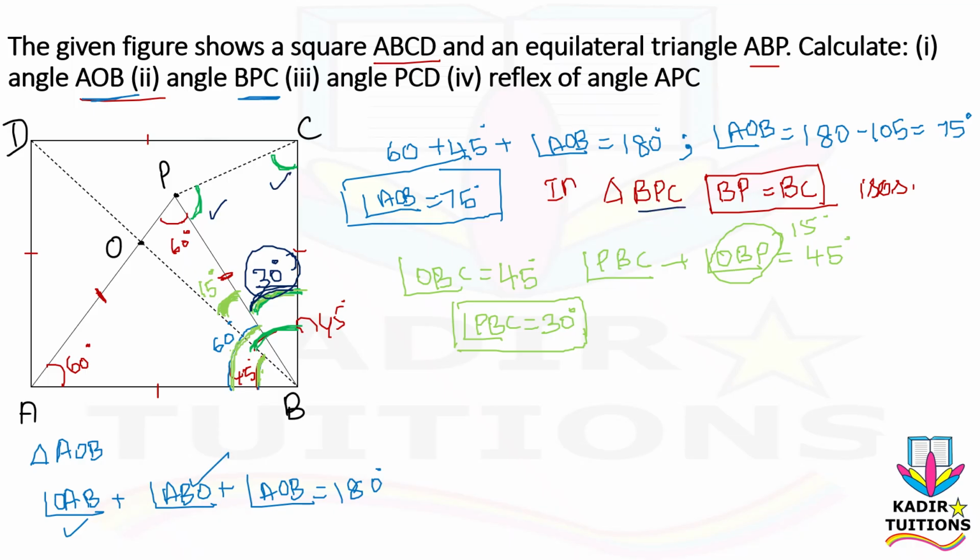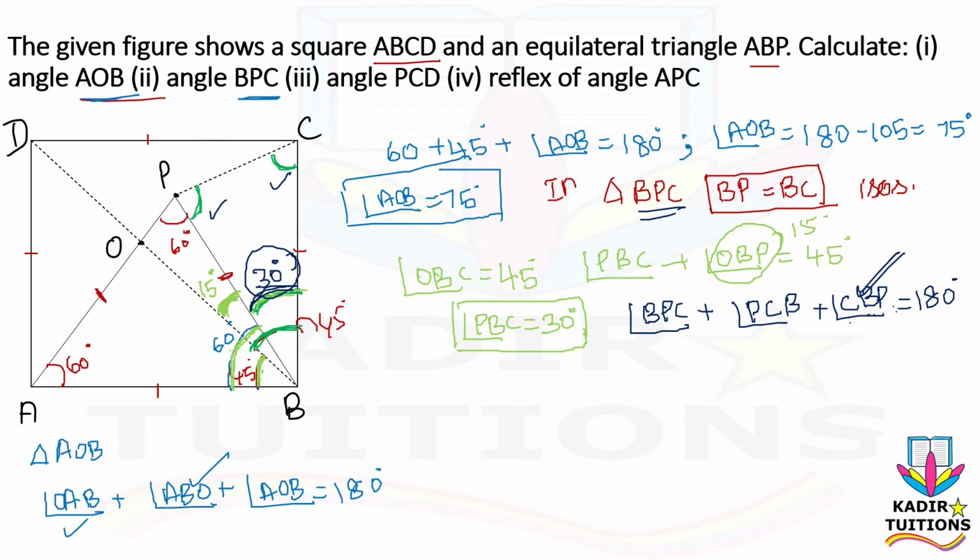So in this PBC triangle, we can write angle BPC plus angle PCB plus angle CBP equal to 180 degree. In that, this one we can write either as PBC or CBP, anything is fine.